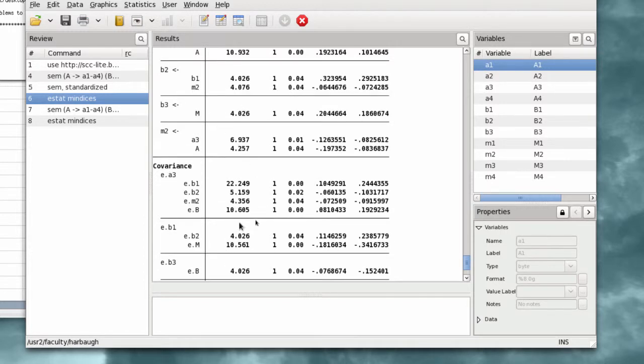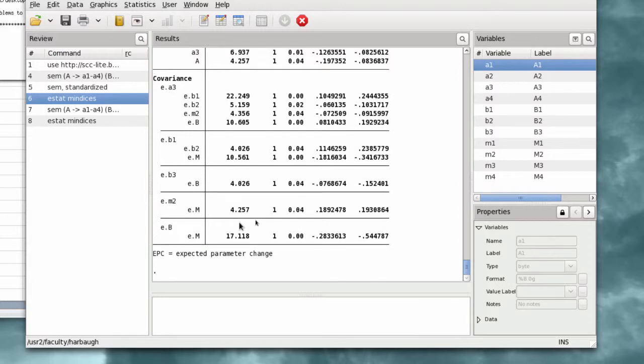Covariance. My largest value definitely appears to be EA3 interacting somehow with EB1. So my gut reaction when I look at this is it's saying, look, EA3 and EB1 appear to be, it's saying if you allow those to be correlated, there's a connection.